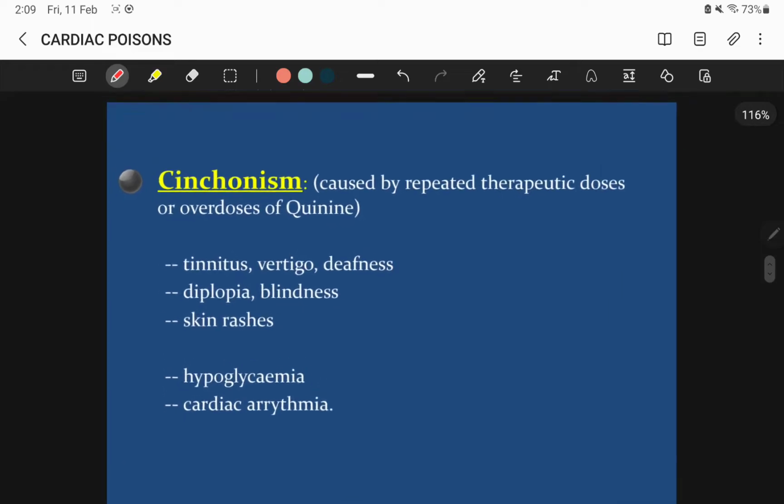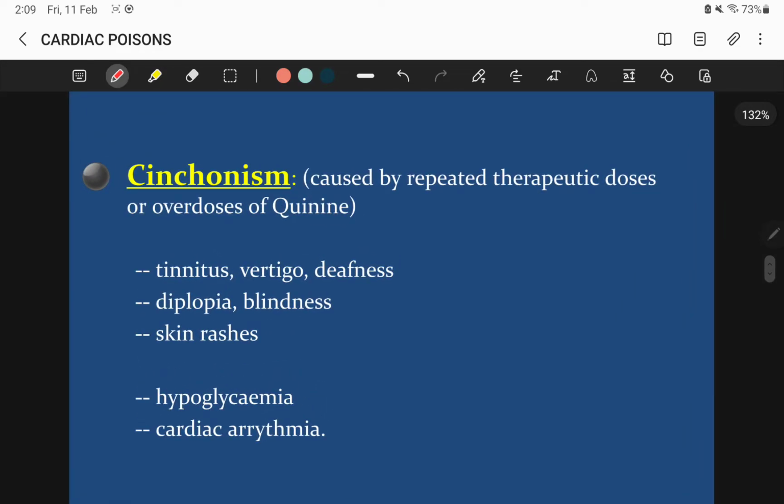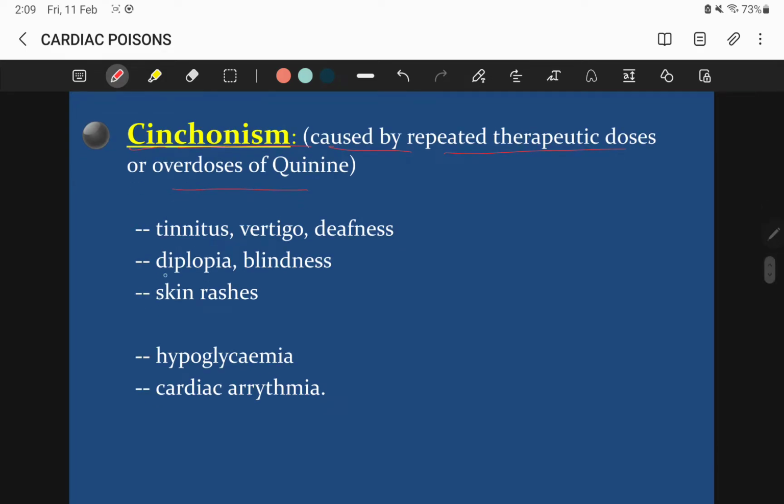So what is cinchonism? Sorry if my pronunciation is wrong, but cinchonism is caused by repeated therapeutic doses or overdose of quinine. This is an anti-malarial drug, which you could have also studied in pharmacology. It will cause tinnitus, vertigo, and deafness, which is related to ENT.